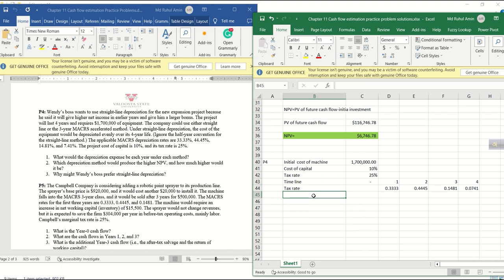So then, what would be the depreciation expense each year under each method? We are talking about two methods: straight line and the MACRS depreciation.